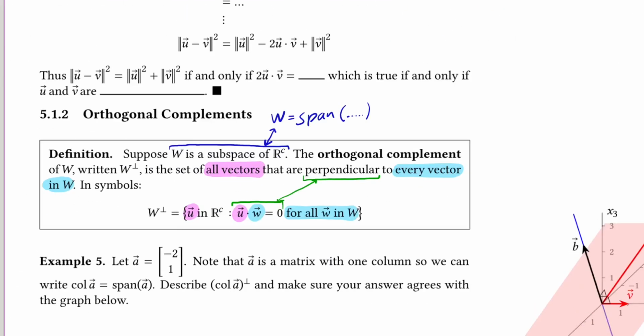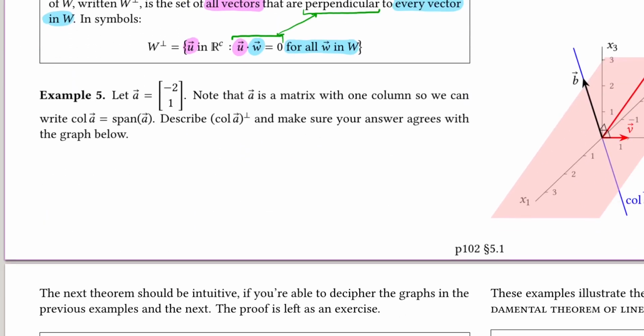Okay, so the definition of the orthogonal complement is that u is in the orthogonal complement of the column space if and only if u dotted with any vector in the column space of A gives you the number 0.